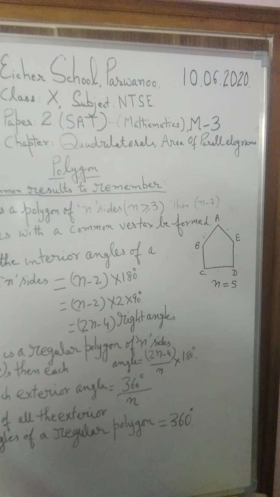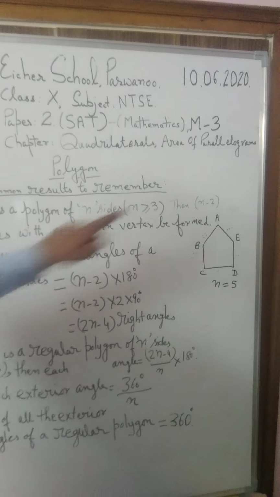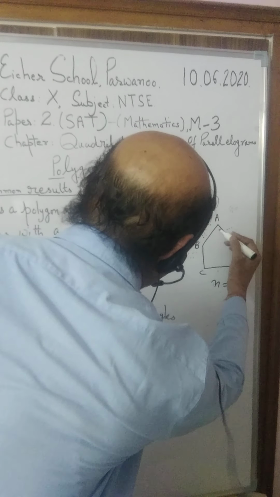So n is equal to 5 here, and it says that the number of triangles with a common vertex, how they will be drawn, is like this.